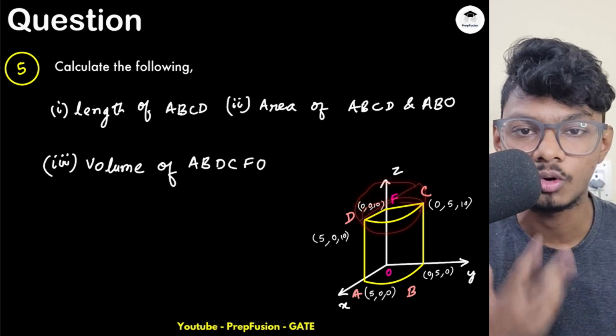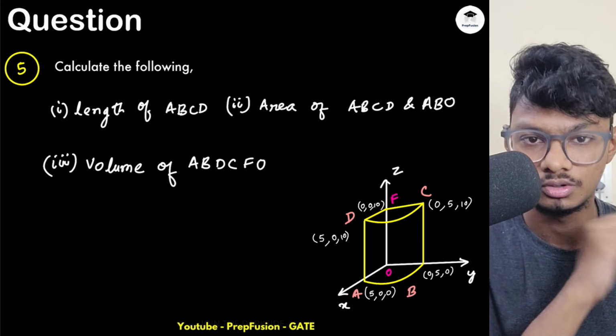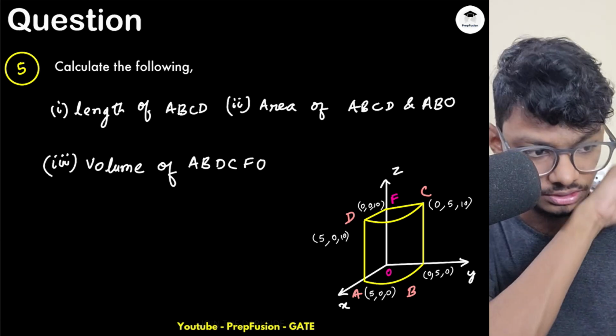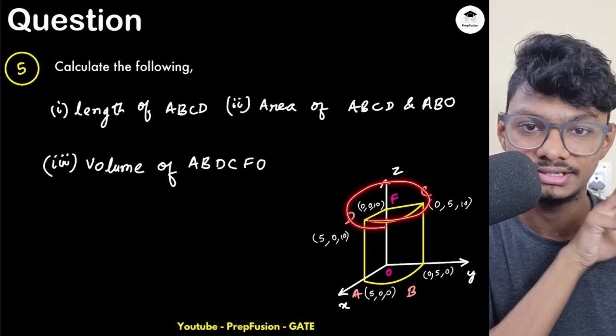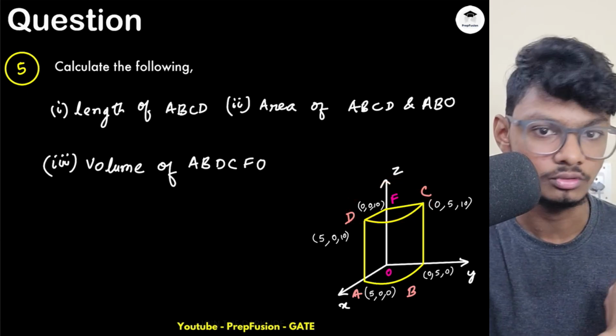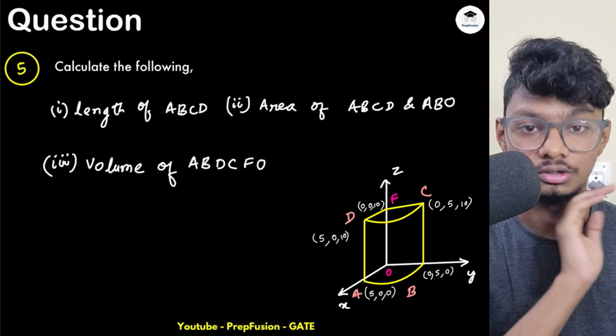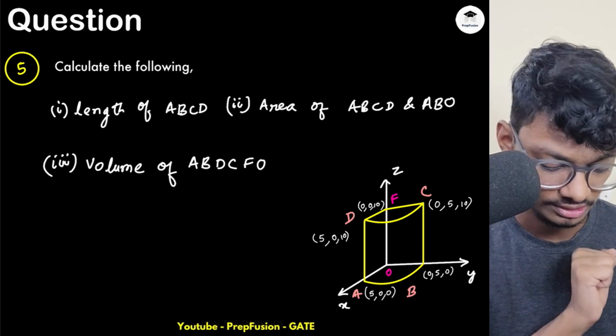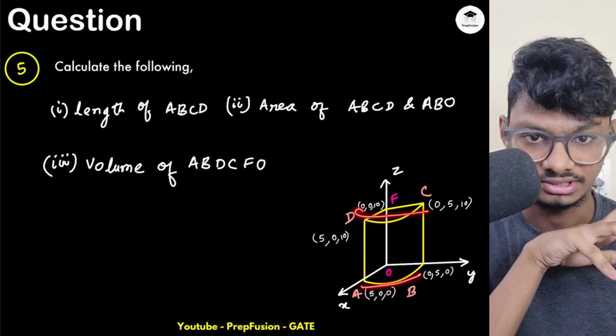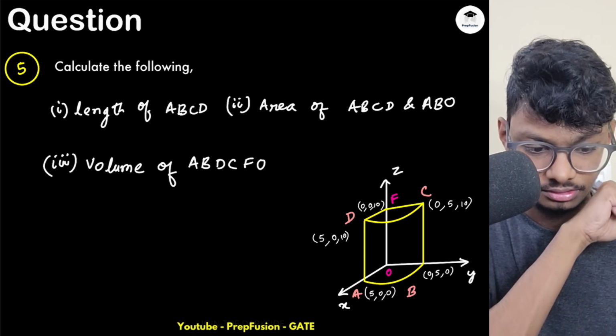So what will be the length of a quarter circle? Simply pi r divided by 2, because the whole perimeter of a circle is 2 pi r. If I divide it by 4, I get 2 pi r divided by 4, that is pi r divided by 2. And there are 2 quarter circles, so I will get pi r.